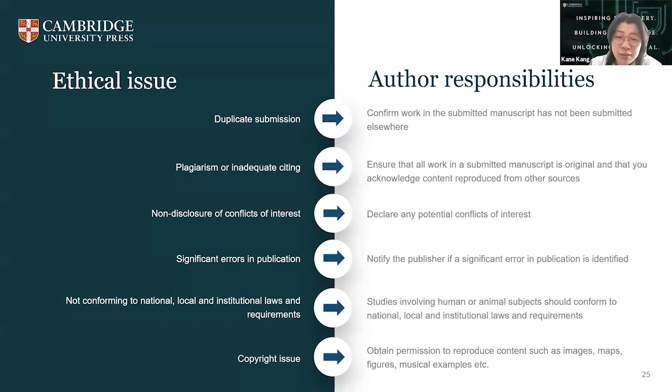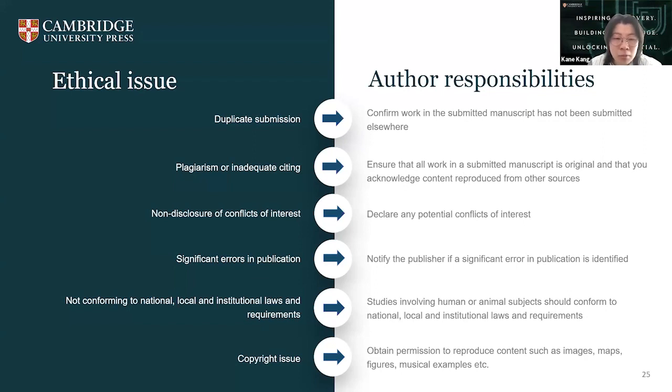Studies involving human or animal subjects should conform to national, local, and institutional laws and requirements. That's very important. I think all of you who are doing research related to human or animal subjects must know that. If you don't do that, no publisher, no journal would publish your paper.